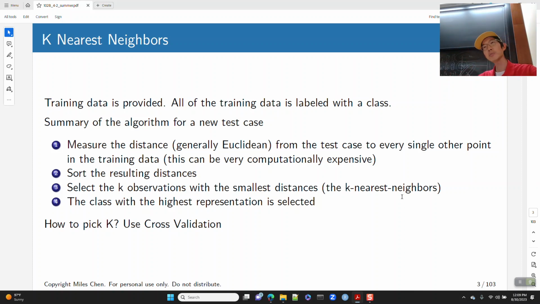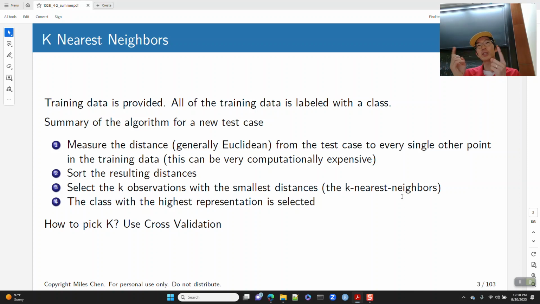And so how do we say who is similar? Well, the way we're going to say who is similar is we measure the distance from the test case to the other data points in our training data. We use Euclidean distance. So we look at your x1 variable and ask what's the difference between x1.